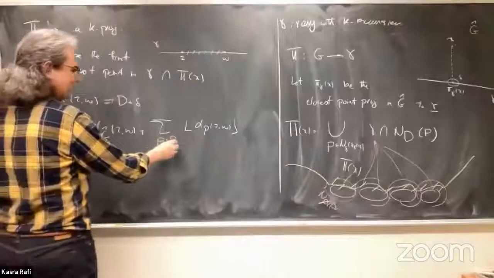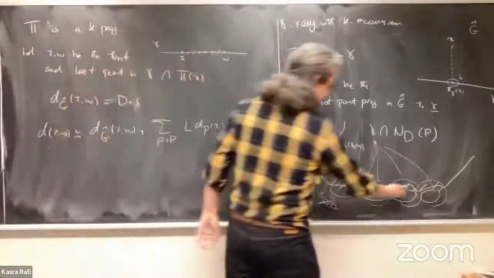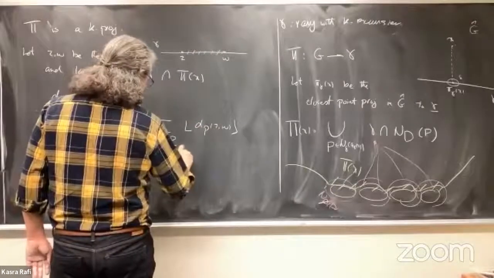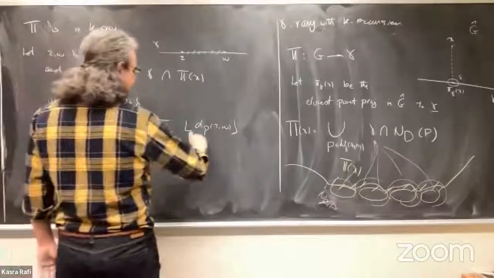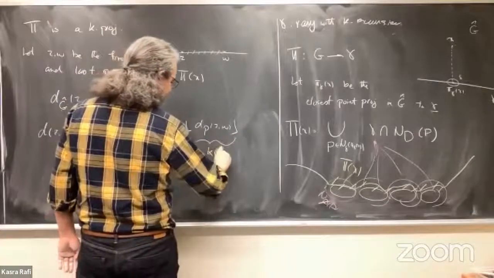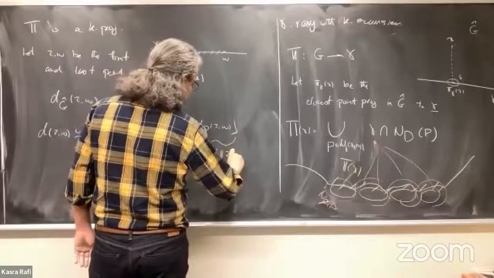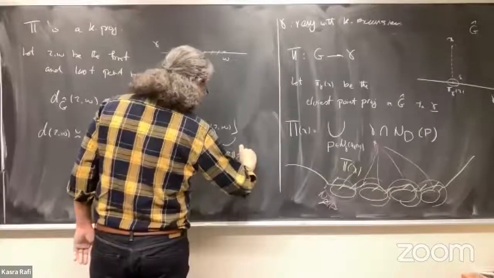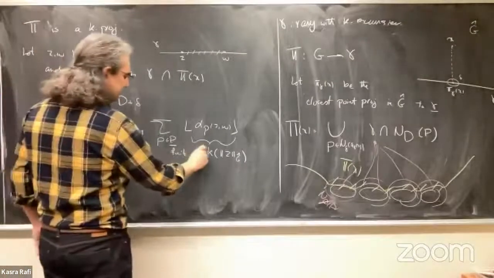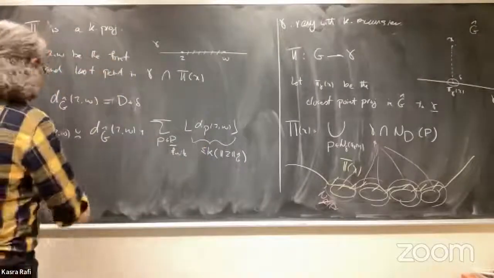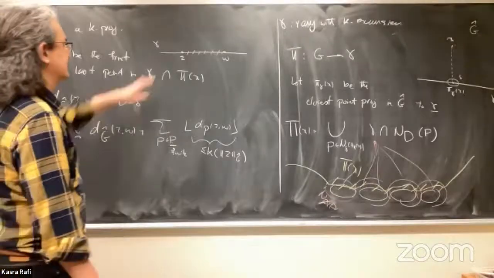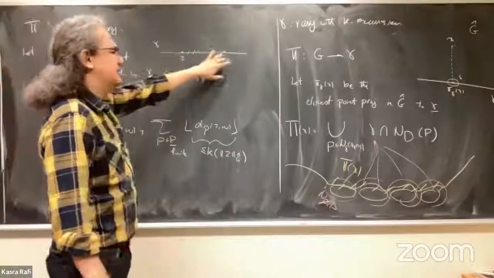So the only P's that can appear here are the P's that are visible here. So this set is finite, you have to show. And then these guys are all less than kappa of the norm of Z in G hat, because Z is the closest one to here. We can pick Z and W, doesn't matter.